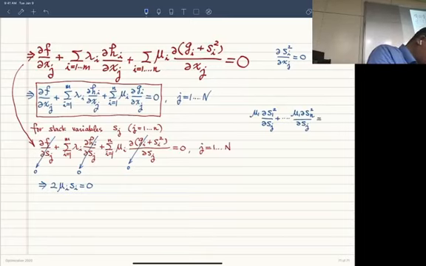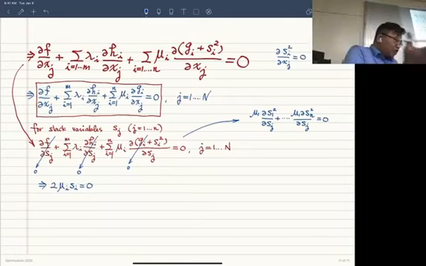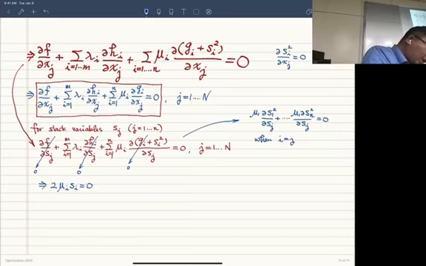Okay, so those must be 0. This is a summation, where we sum on i from 1 to n. That's why there are n terms of those, and only when the ith one equals j does this term have a value.